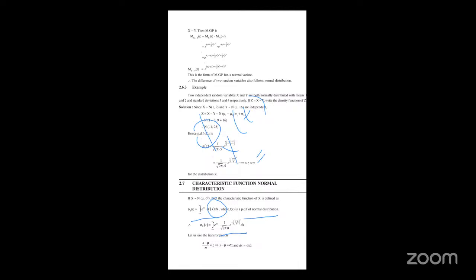We transform (x minus mu) by sigma as z, so x minus mu equals sigma z and dx equals sigma dz.